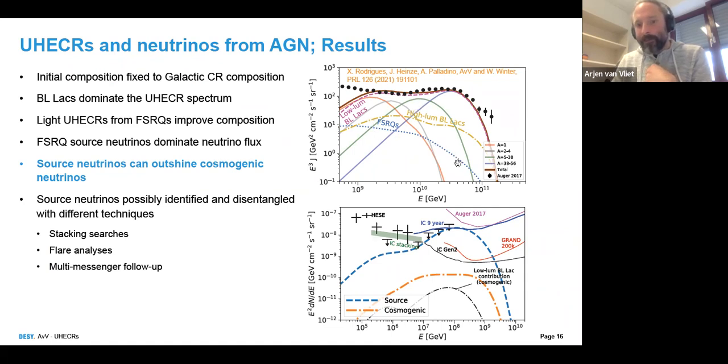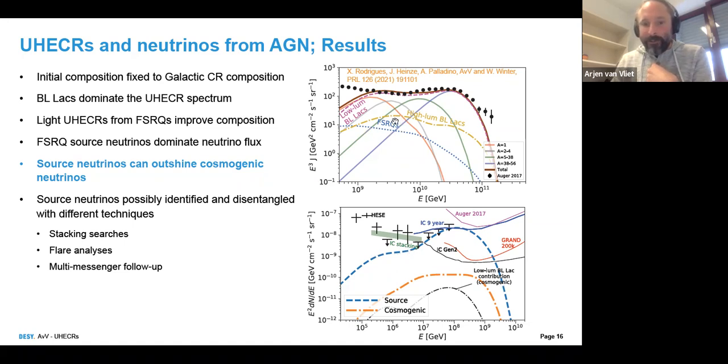You see that in this case they're already subdominant, but they completely produce this neutrino flux. So that means that your ultra-high-energy cosmic ray measurements are decoupled from your source neutrinos, because they're produced, at least dominantly, in different sources than these neutrinos.